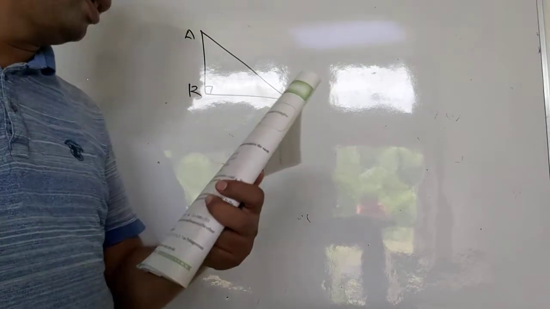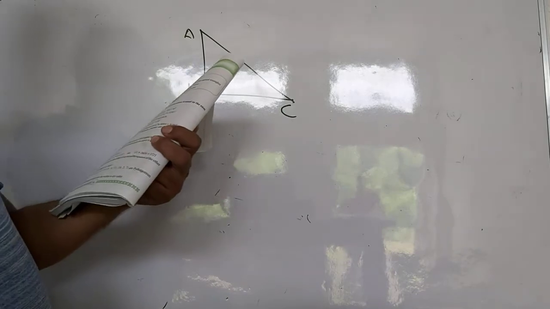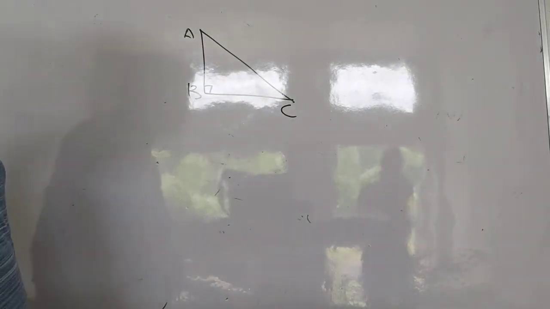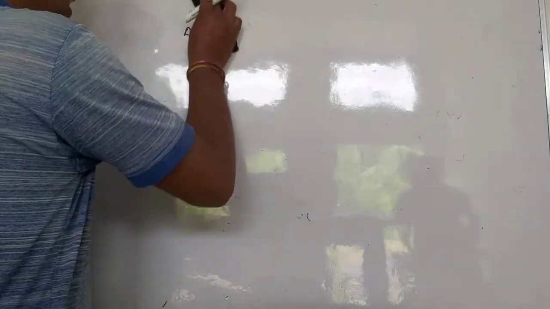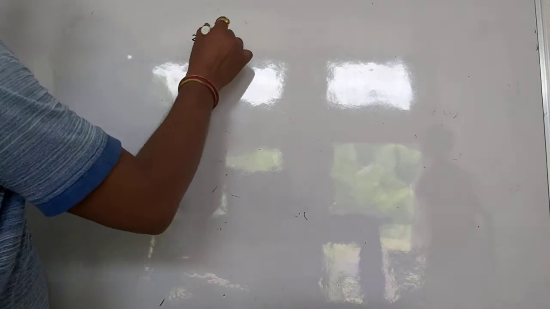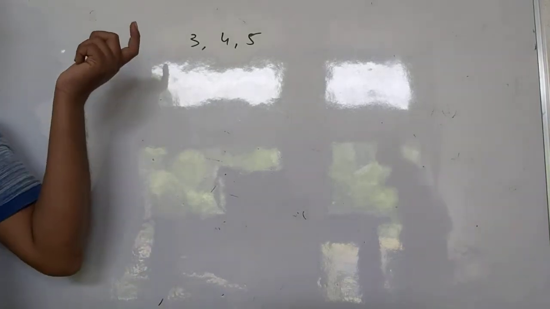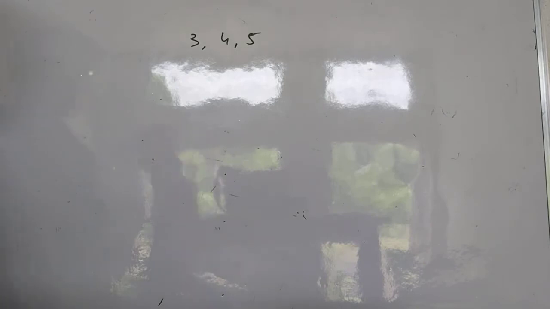Second, the next part is Pythagorean triplet. For example, 3, 4 and 5. A one mark question will come in the exam asking you to verify whether it is a Pythagorean triplet or not.